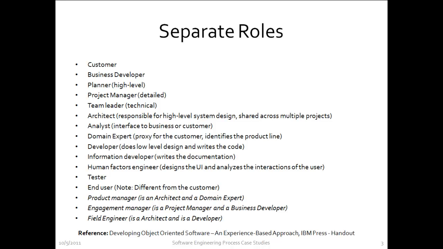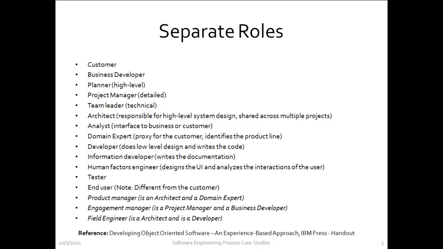And there's a team leader who is a technical resource to the team and makes all the technical decisions, things like that. Also, at the end of this list, you will see a set of roles in italics. Those are hybrid roles. Many companies will have what is known as a product manager. This product manager is responsible for making sure that the system they are building, which is being sold as a product, has the necessary features and also has the necessary evolution path towards adding new features.